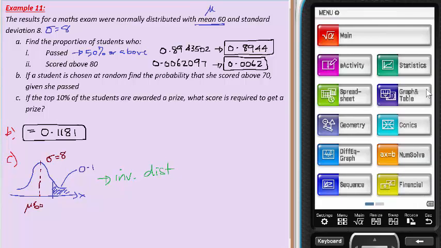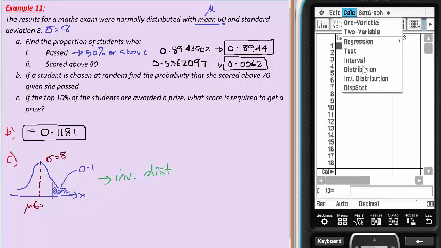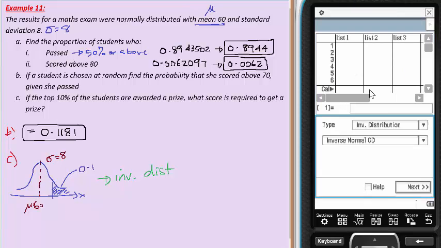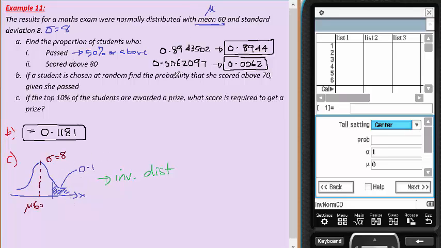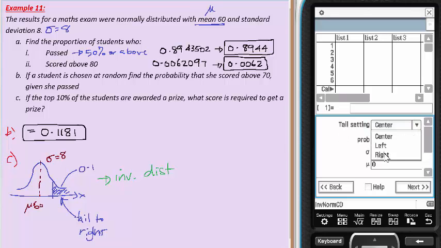We're going to go Menu, Statistics, Calc, Inverse distribution here, not normal distribution, and we are using the normal. Then we're going to say, because my tail here is to the right, you can see here my value of 0.1 is going to the right, I'm going to set the tail setting to the right. My standard deviation is 8.